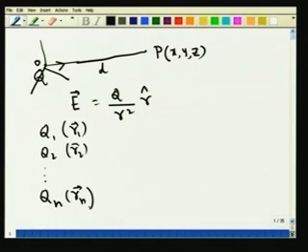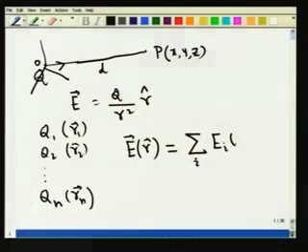All these are vectors, and we are interested in the field at a given point r. This would be simply given by the summation of the fields produced by each of these individual charges. So I will write that this is equal to the sum of Ei of r. This is the statement of the principle of superposition.